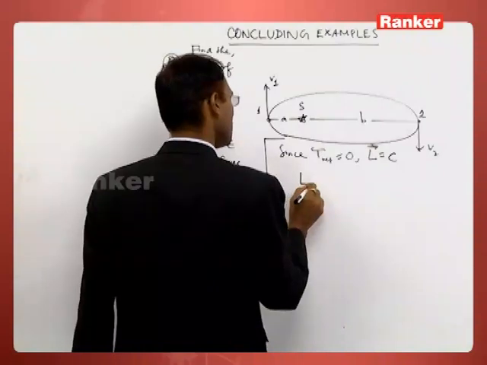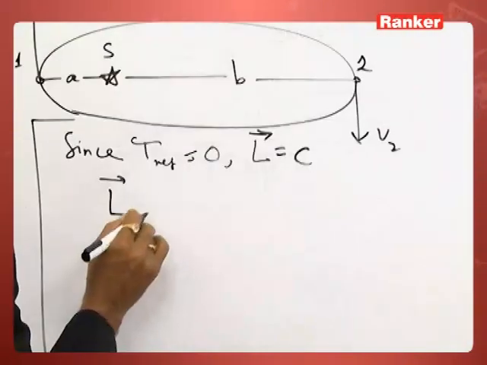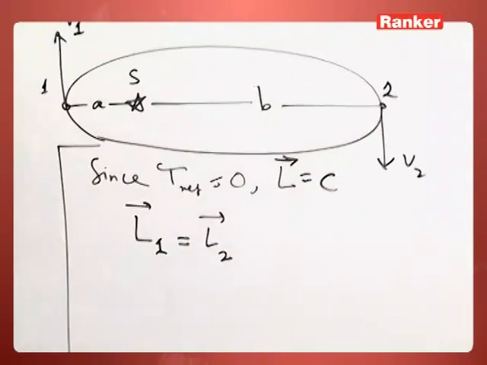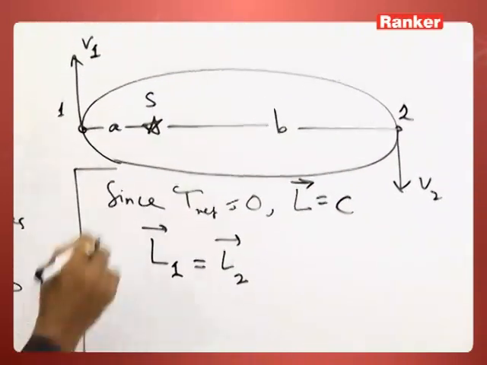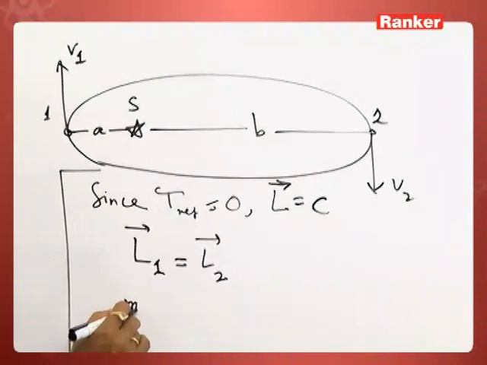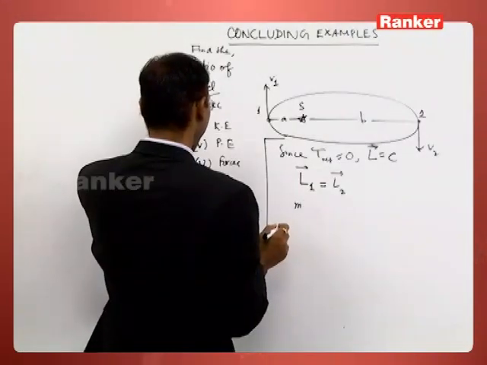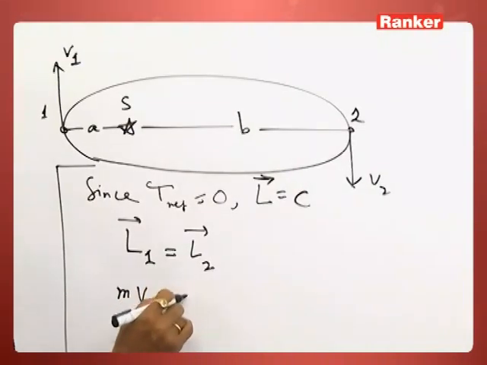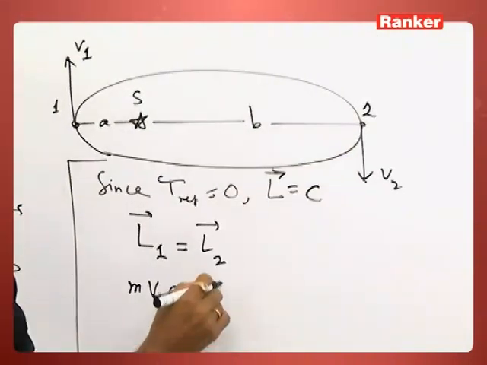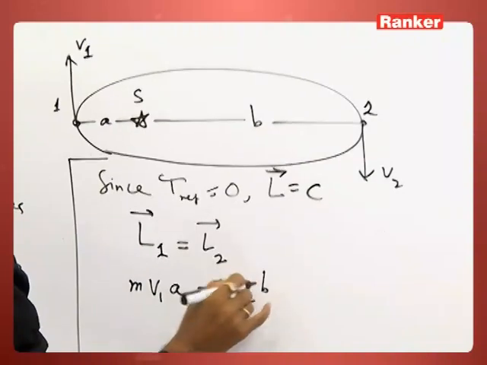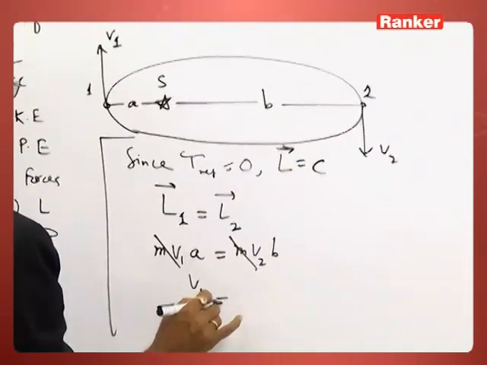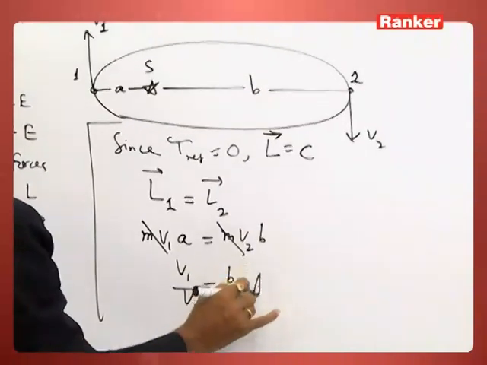So angular momentum at this point 1 is equal to angular momentum of the planet at this point 2. Here angular momentum is m v1 into a. Here angular momentum is m v2 into b. It's getting cancelled. v1 upon v2 is equal to b upon a. Answer.